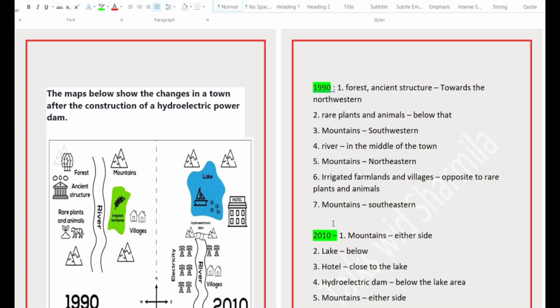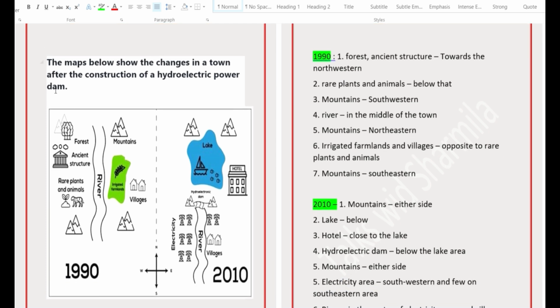So first thing first, it is seeing the question. You can see the question here, which has a title and a picture. The picture depicts how the forest was, the ancient structures, rare plants and animals, and the mountains again, with a village and an irrigated farmland.